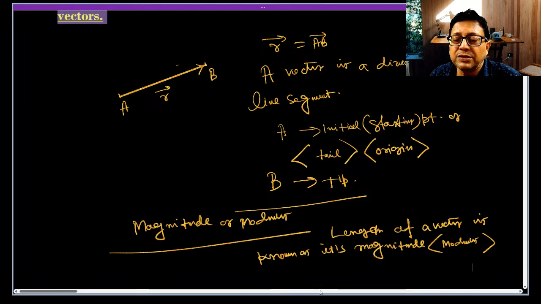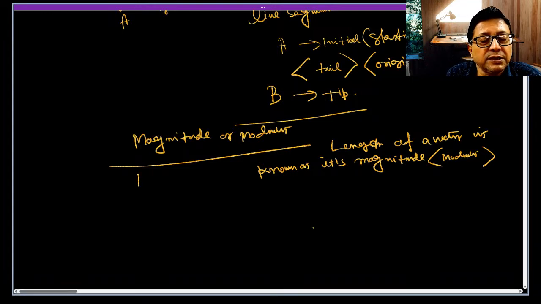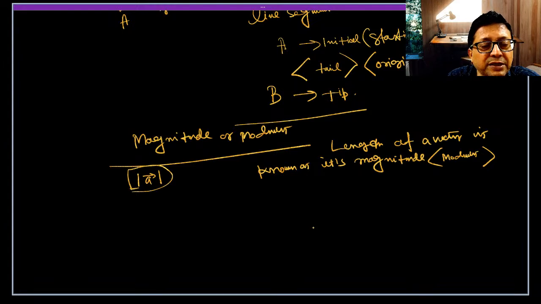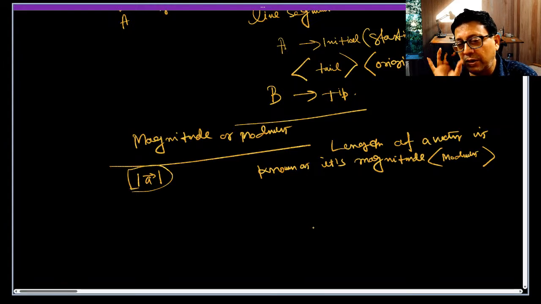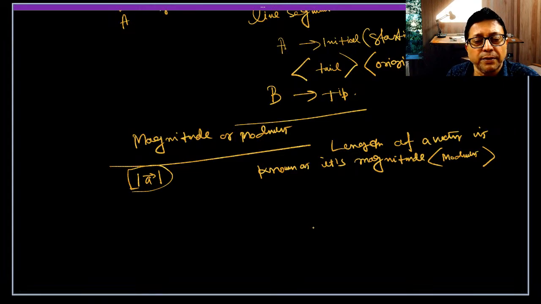So the modulus of vector A, we will write in this manner, mod A. Length of the vector is modulus or magnitude.